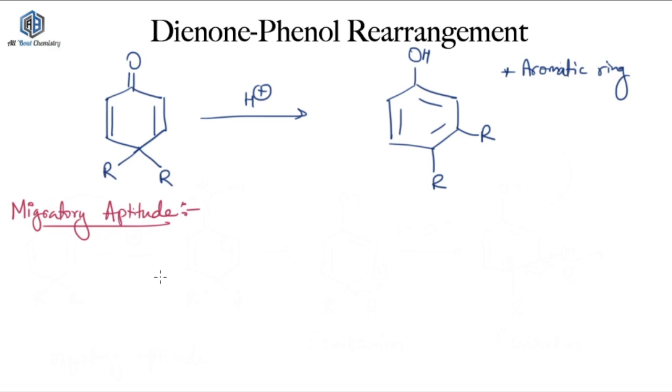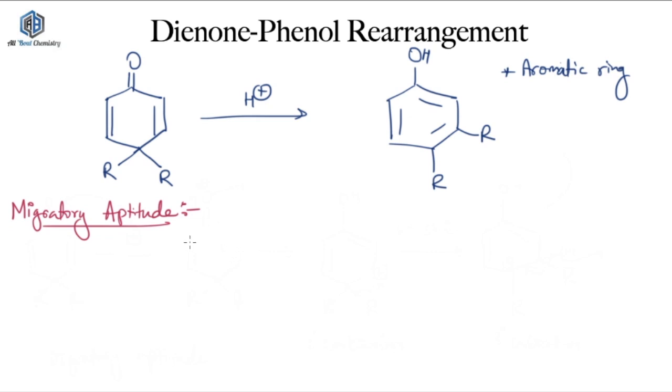This order is not followed everywhere in a strict manner, but generally this is the order of migratory aptitude, although you might see some examples where it is not followed. The order has to be decided based upon what kind of migration is being done. But for Dienone-Phenol rearrangement and the pinacol rearrangement, whatever migratory aptitude I'm going to write is followed generally.